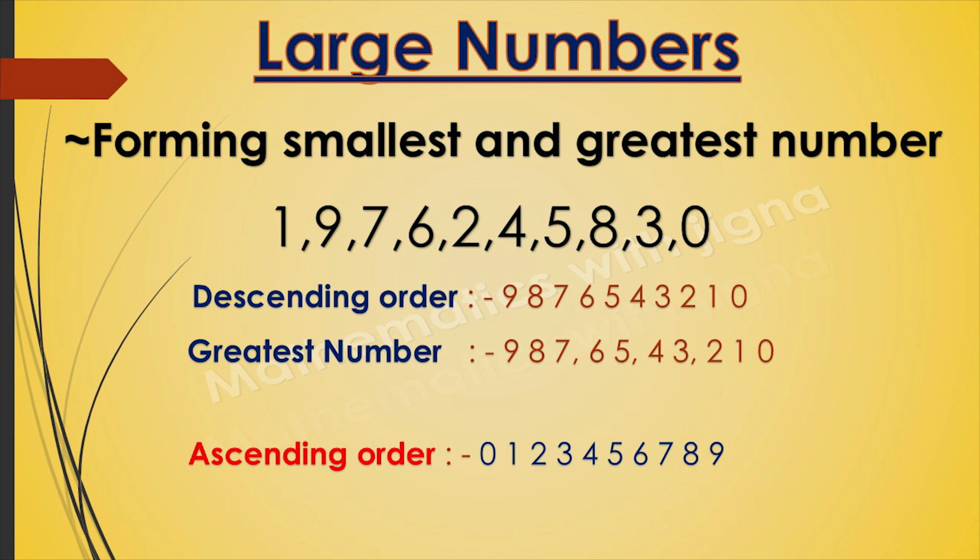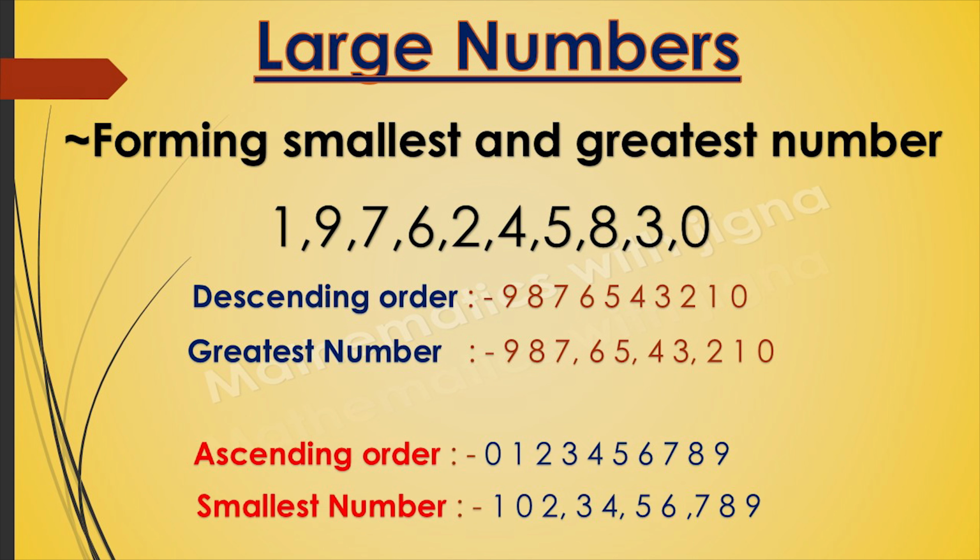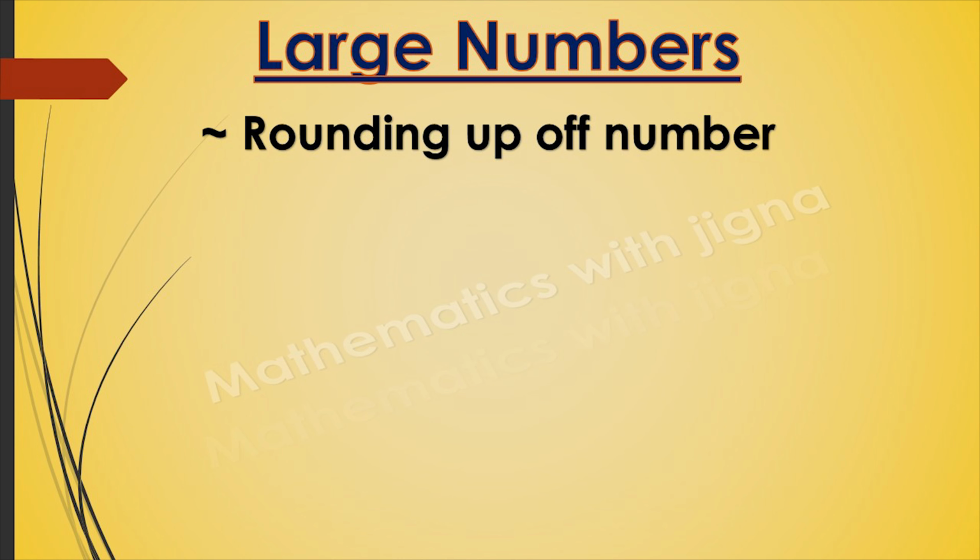So arrange the digits as 1, 0, 2, 3, 4, 5, 6, 7, 8, 9, and the smallest number is 102 crore 34 lakh 56,789.